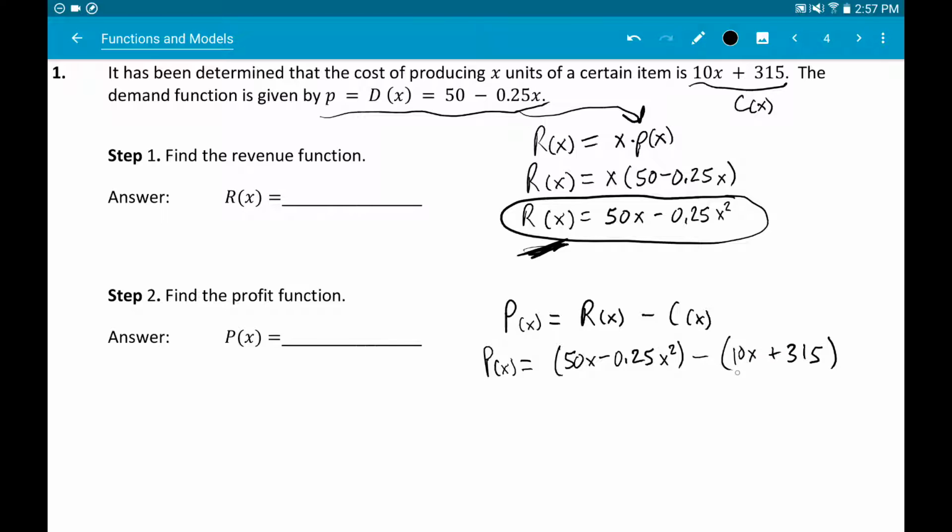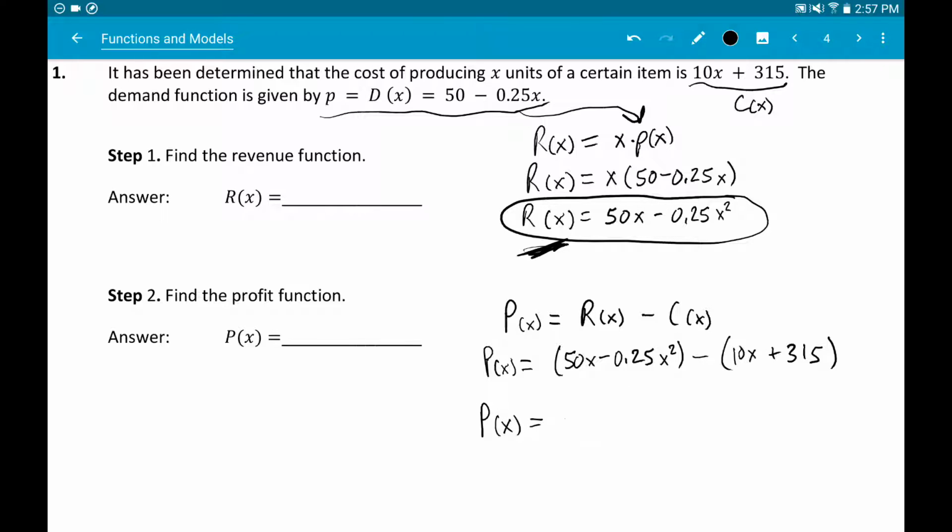Now do notice I used parentheses here because it does say minus the cost function, so that's minus the entire thing. Not just minus the first term, but minus the whole thing. So minus all of that in the second parentheses. And then to get your final answer, go ahead and combine like terms. Okay, I typically like to write in descending order.